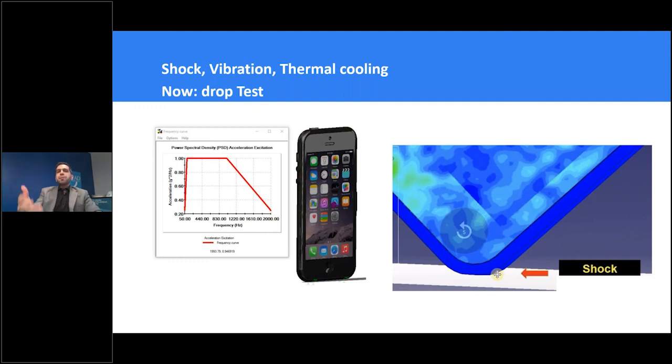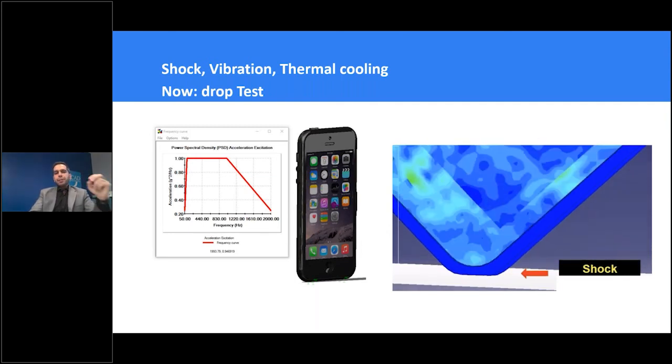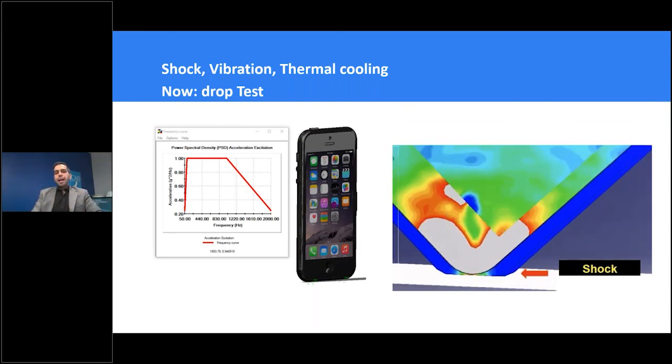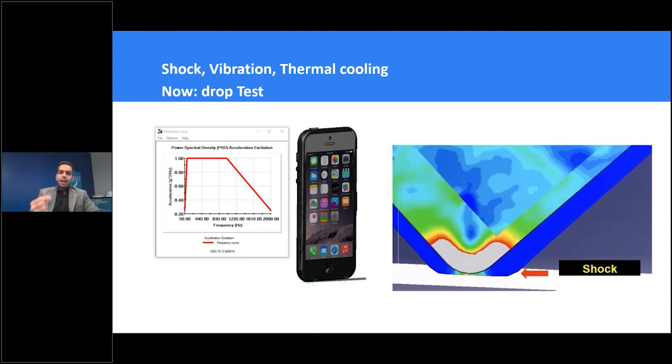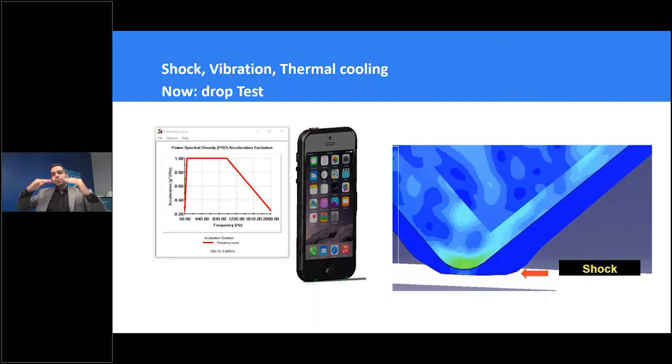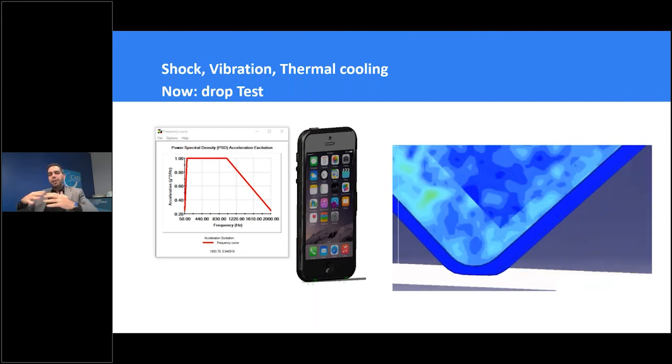So far, I want to talk about what has changed in 2021. Shock, vibration, and thermal cooling were already available in SOLIDWORKS Simulation. But now, with explicit dynamics available in SIMULIA works, for this cell phone, even though we were able to do a lot of analysis, now we can do more. For example, during this drop, I can see the performance of the rubber cover for the cell phone, and how during that drop it distributes the energy throughout time.